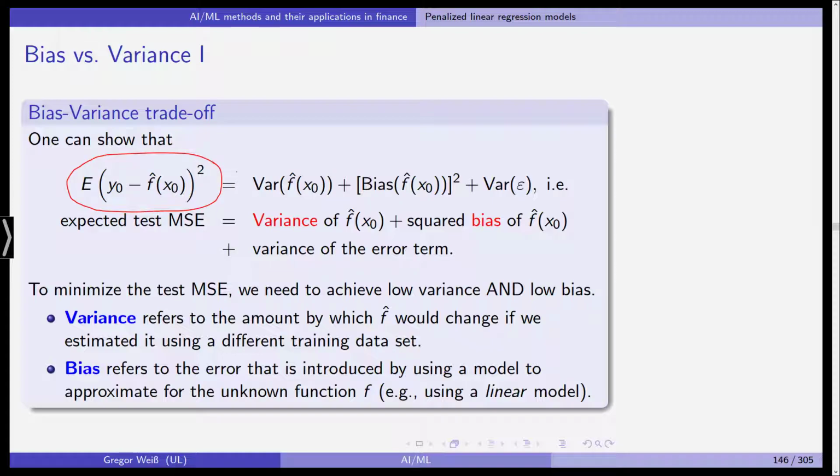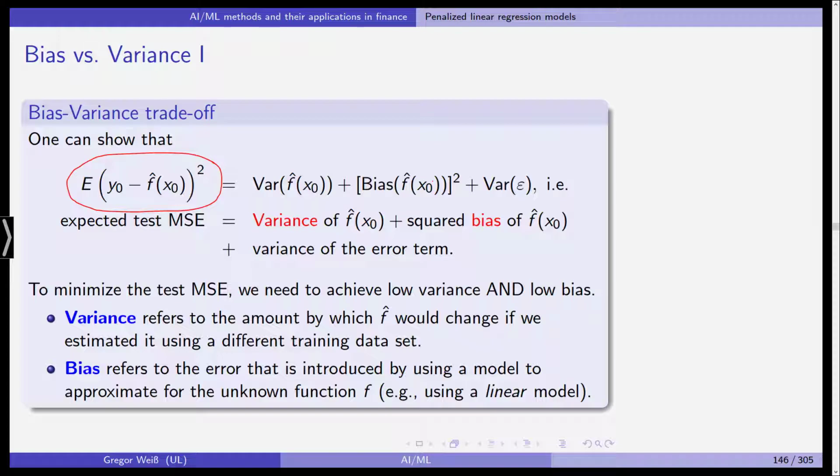This is decomposed into the variance of f hat at x0 plus the bias squared of f hat at x0 plus the variance of the error term. We cannot do too much about the variance of the error term, but we can see that we have the variance of our fitted model at the test data plus the bias.